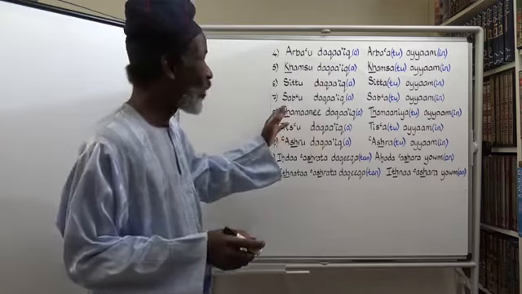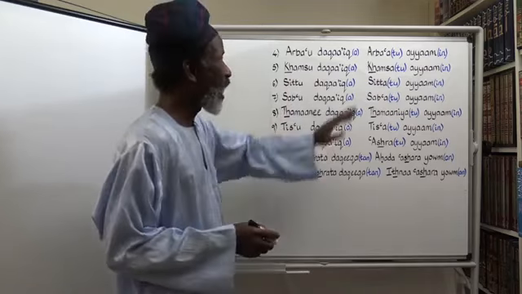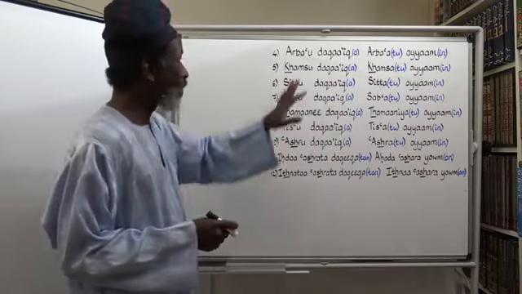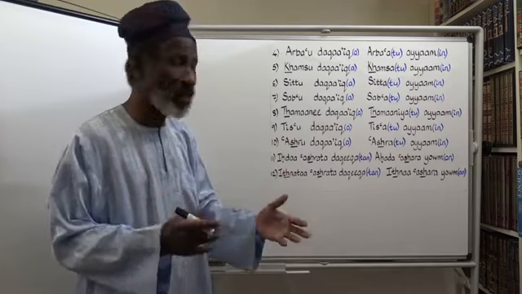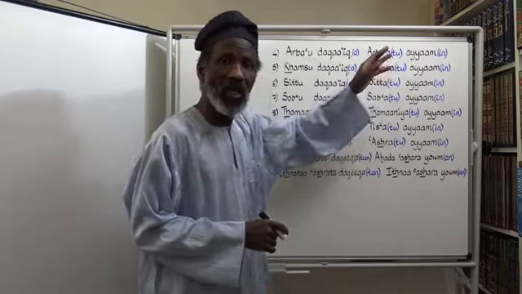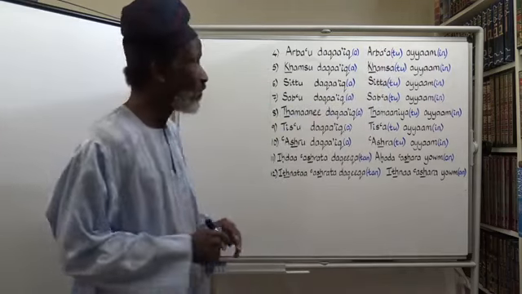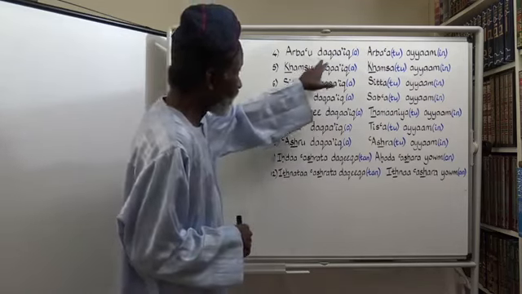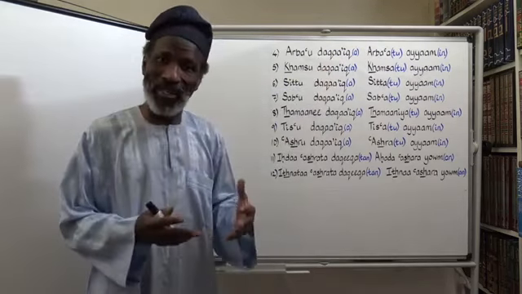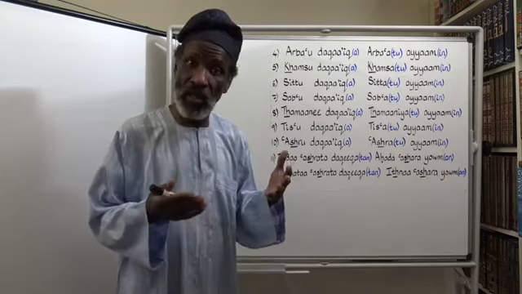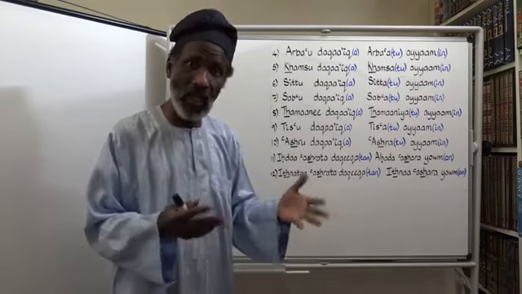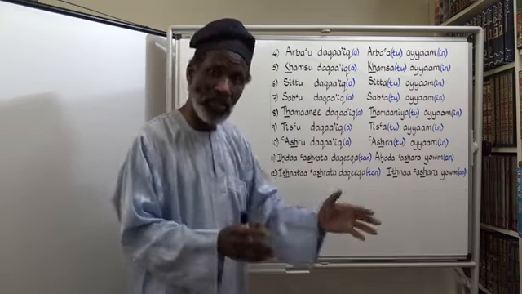Number 4, arba'u. Arba'a. Arba'u, that's a version which is male, masculine. Arba'a, that's feminine version. So daqa'iq, as you know, daqiqatun, that's a female word. A minute has ta marbuta at the end.